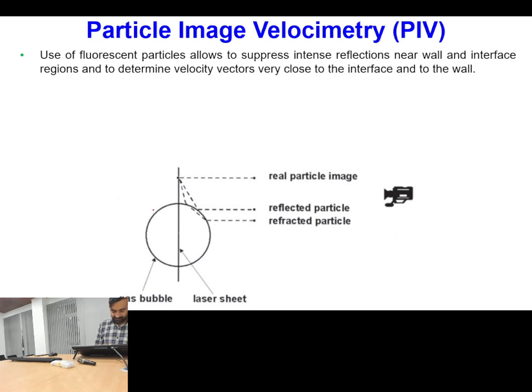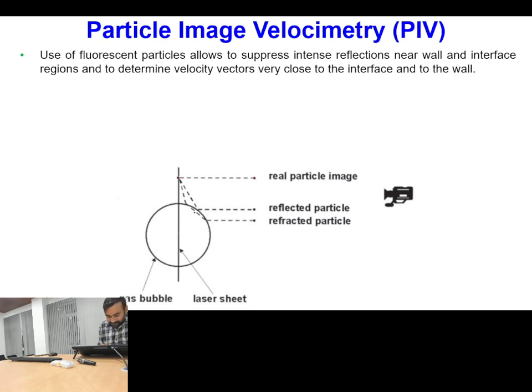Say this is a gas bubble and this is a laser sheet. When your camera sends a ray, that ray can have multiple paths. One is the direct path, which captures the real particle position.